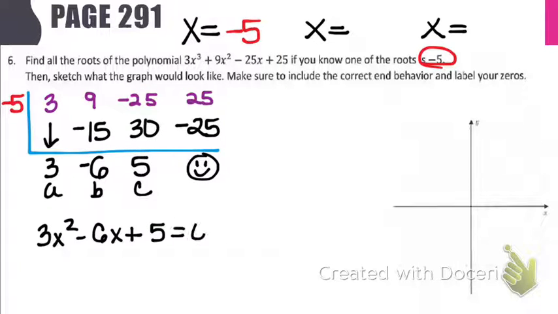In order for me to factor this, I would need 2 numbers that multiply to 15 and add to -6. Do those numbers exist? Multiply to be 15 because 3 times 5 is 15, and add to be -6. So let's see. 5 and -3 will multiply to be -15, so that's not going to work.